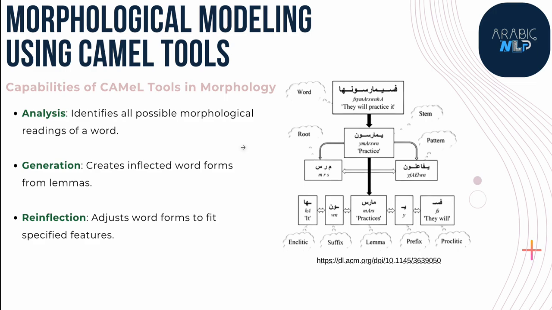Okay. This is another example of how, if we have this word, they will practice it, we can get the pattern and the roots and start to get more analysis as we go down. So we end up having all different, especially here we have the lemma and then the suffix and the prefix, and also we have the enclitic and proclitic.